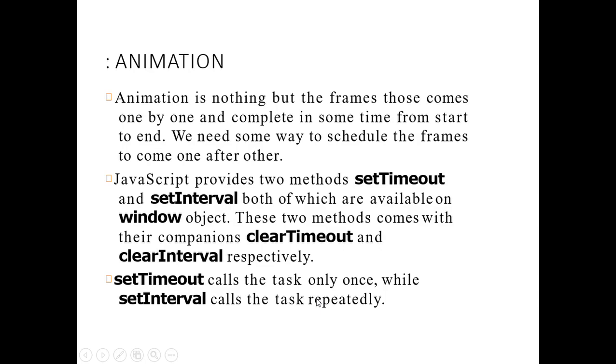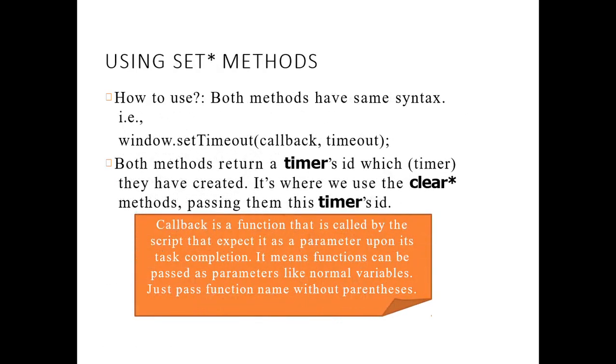Now next, how are we going to use these methods, setTimeout and setInterval? Both methods have the same syntax: window.setTimeout(callback, timeout); This is the syntax for using setTimeout and setInterval. Both methods return a timer ID, identifying which timer they have created.